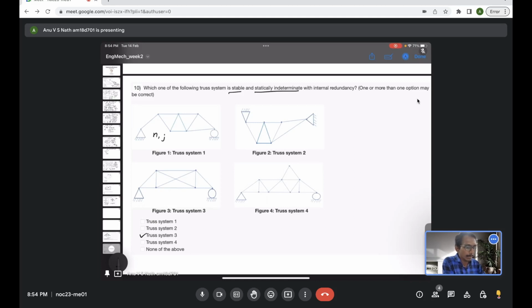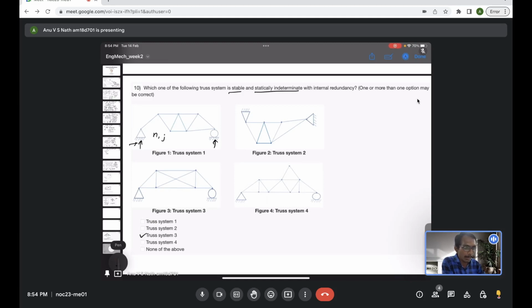But I am just looking at this, and from how many triangles are present there, I am just telling. So you have only 3 support reactions here. So externally it is determinate, internally it's unstable, because this link will make a kinematic chain, so it will not be a structure.